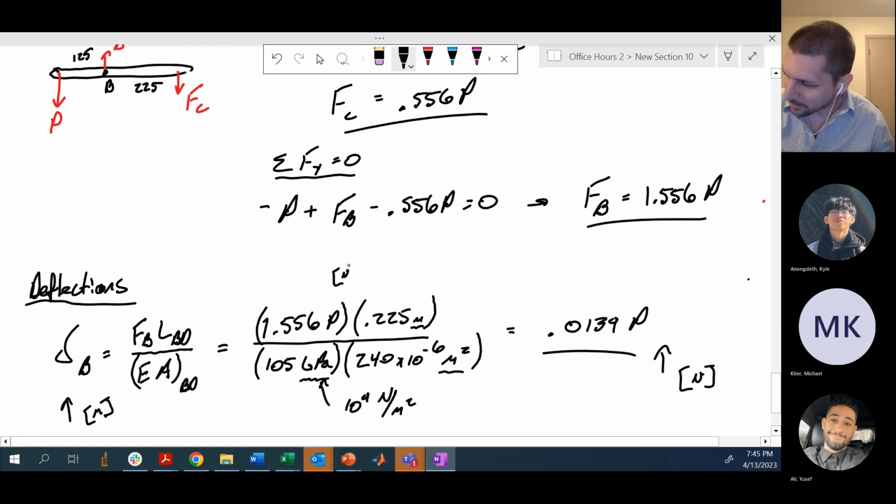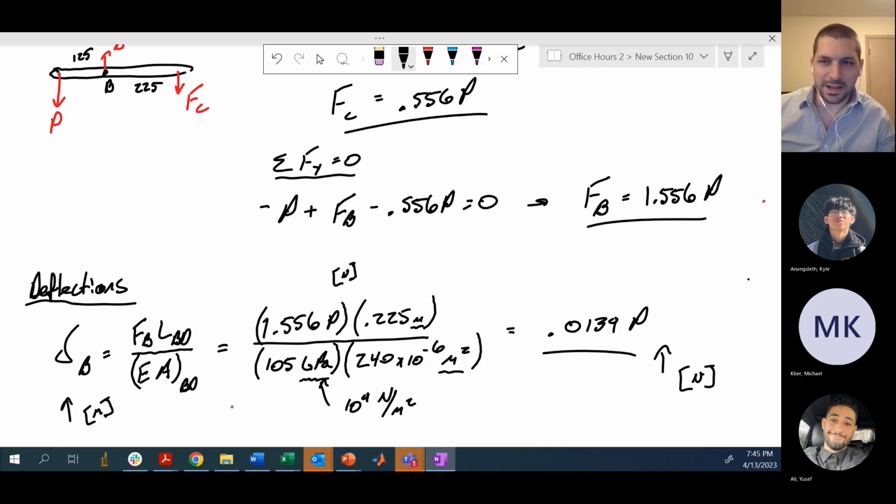Set yourself up so P is in newtons, cancel all these things out, retain all the units properly, and so on. In the solution that I've made up, I've made some calculation here so that my coefficient is relatively clean, 0.0139.